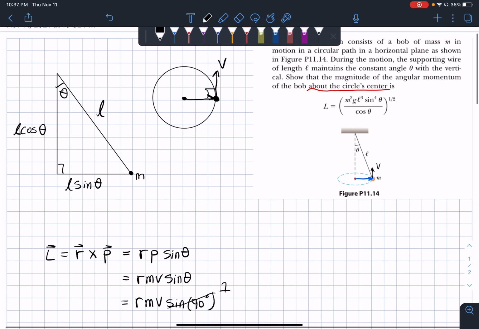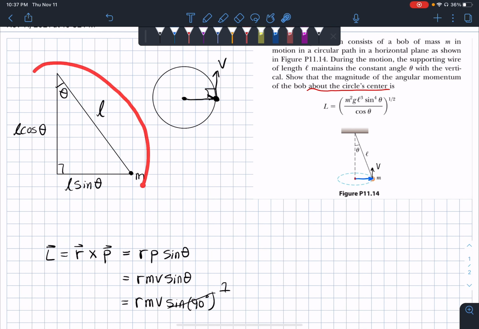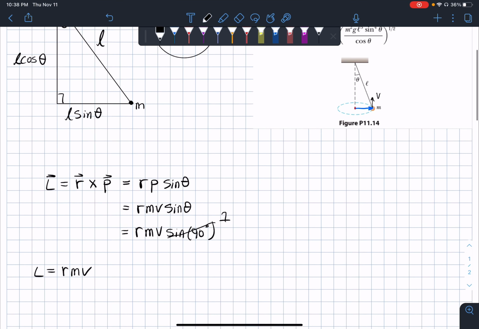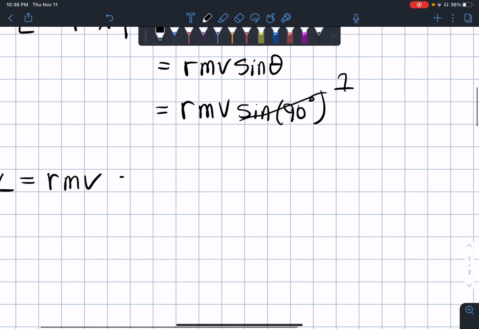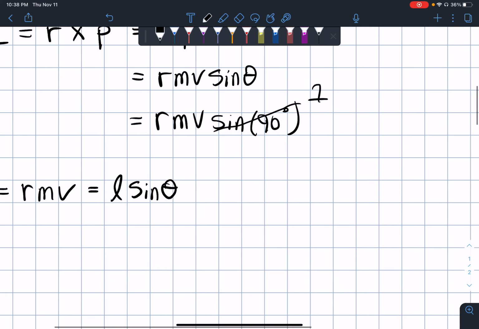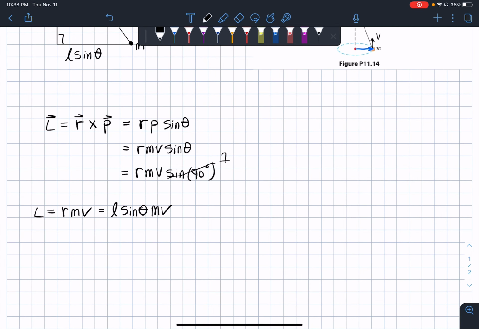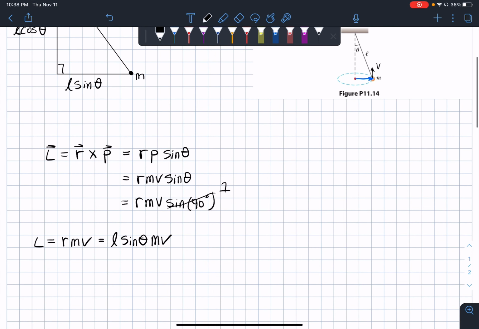And from this triangle right here, we see that the radius of the circle is actually just L sine theta. So we can say that L is equal to L sine theta times m v. Okay, so we're getting there.